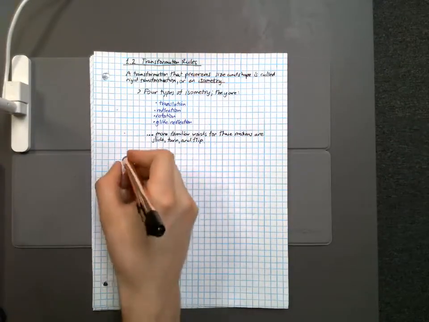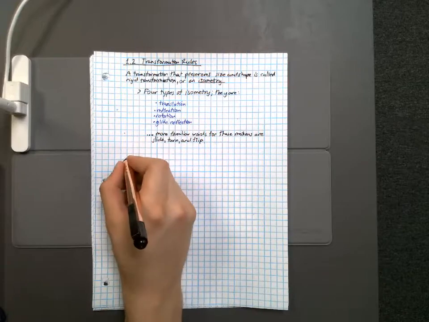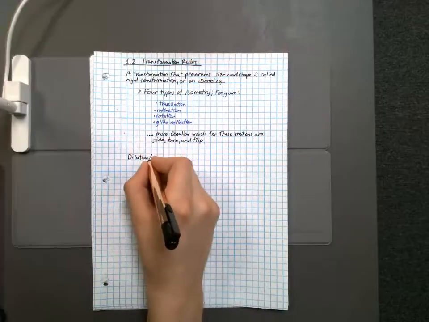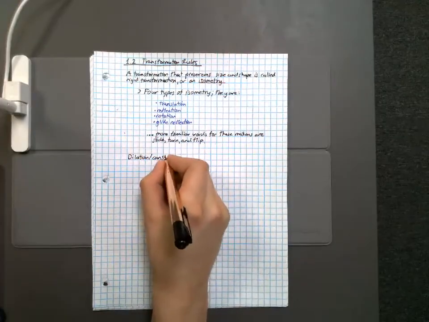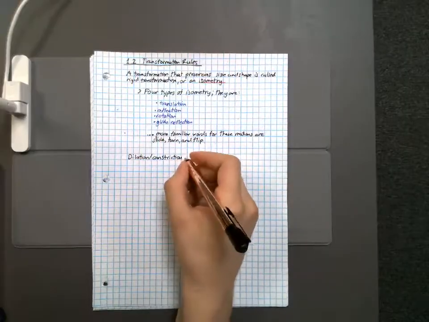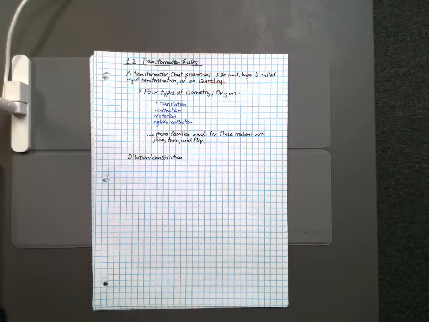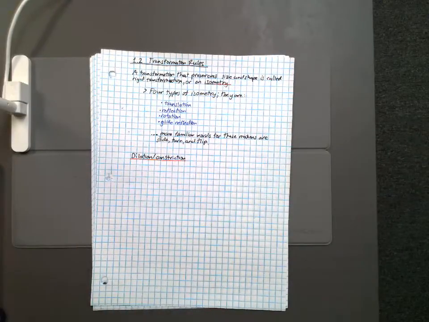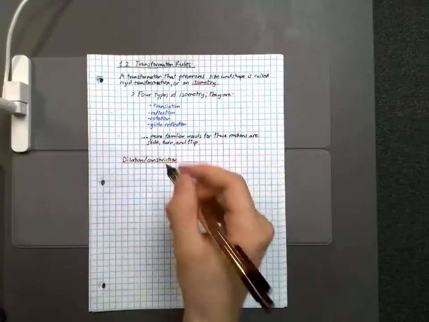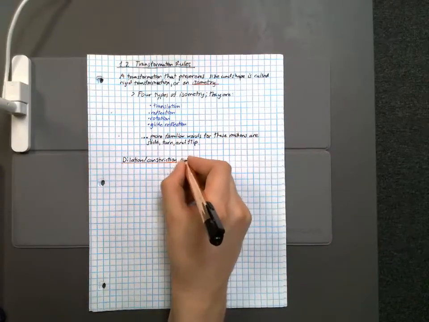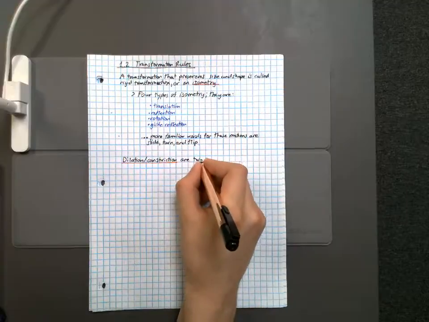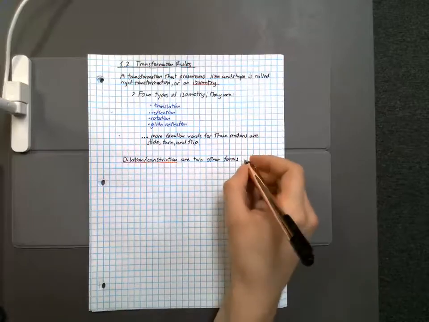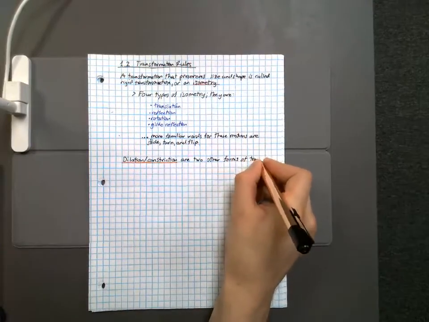Now, the next one you need to think about here is a dilation / constriction. Okay? Now, dilation / constrictions are 2 other forms of transformation.